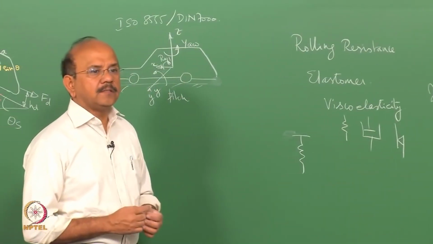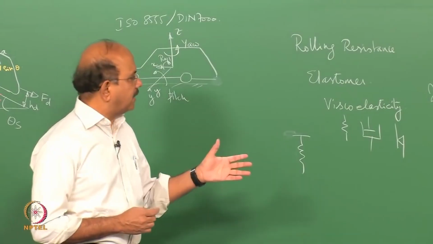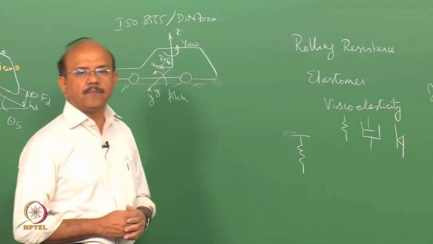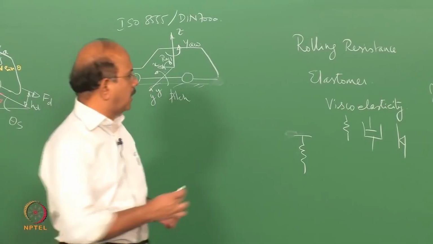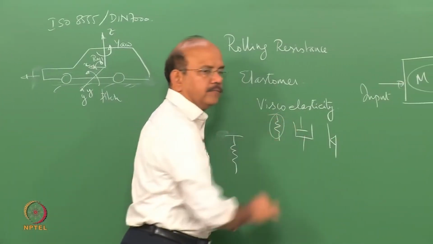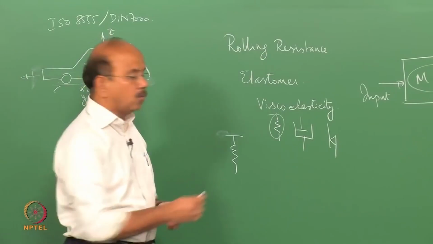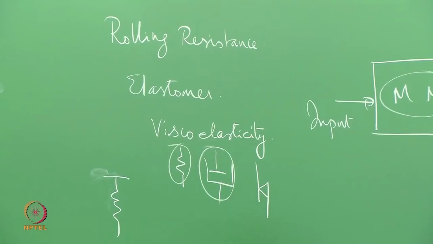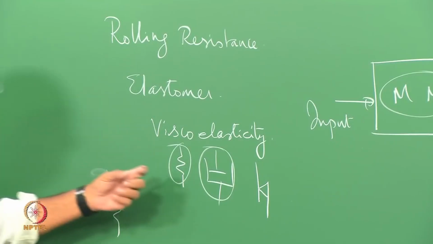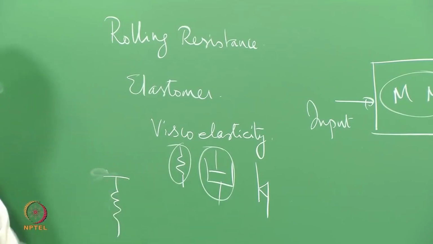Now, to this we can add other material behaviors. For example, if you look at elastomers, elastomers are elastic, of course, and then viscous behavior. So, in other words, I can model elastomer, or I can understand elastomer, as if it is made up of a spring and a dashpot.